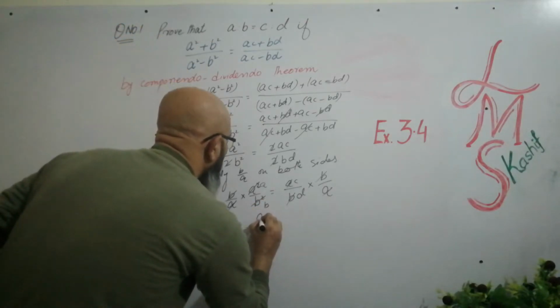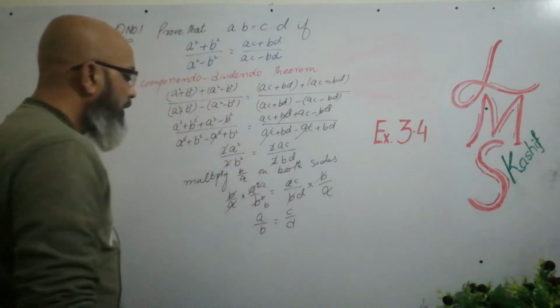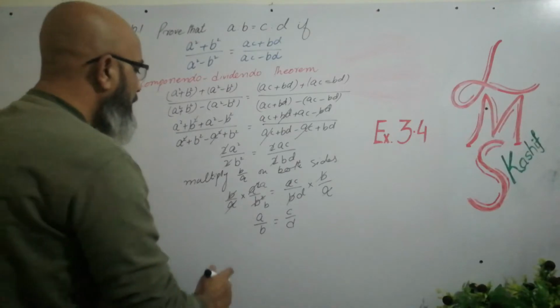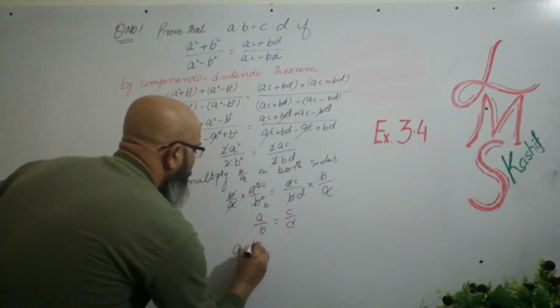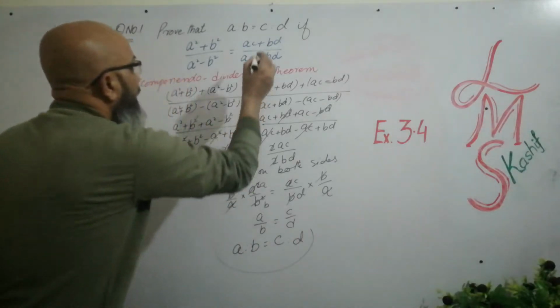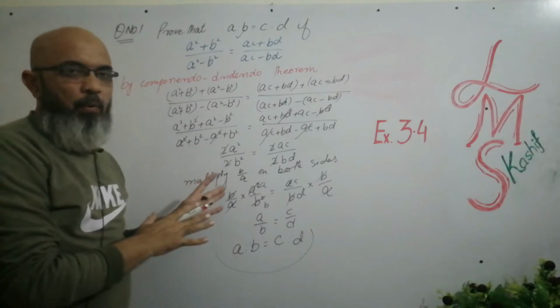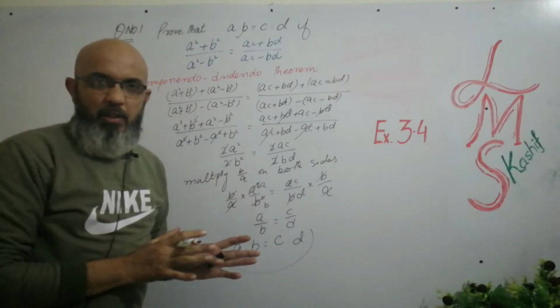So what we left here, A over B is equal to C over D. The same case we write in proportion form, A ratio B is equal to C ratio D. The same thing we want to prove. So I hope you understand question number 1. Do the remaining parts of this part.